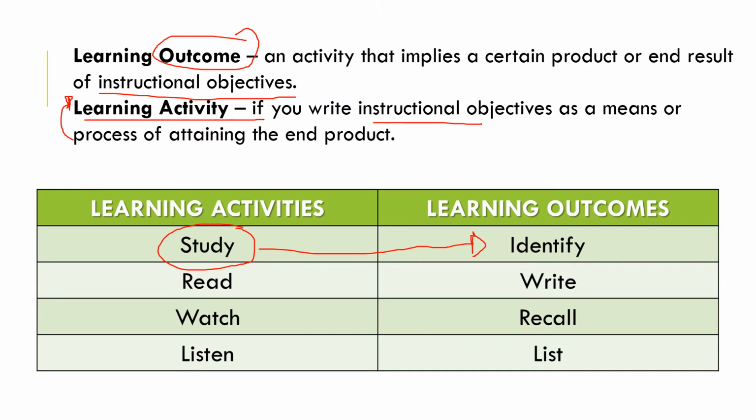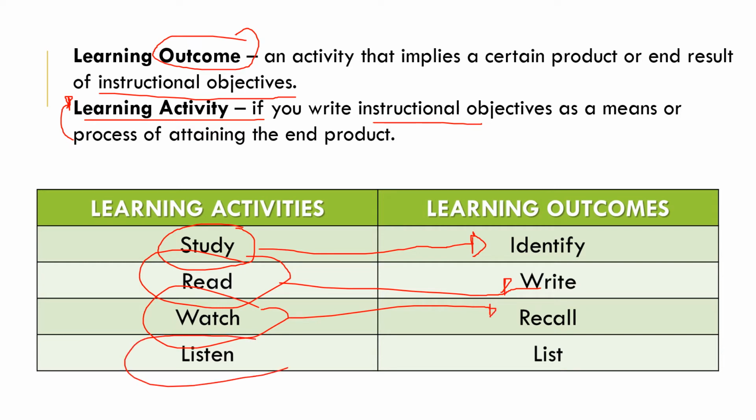You have to read for you to write. Okay. It's a learning activity. You have to watch for you to recall. No? And then you have to listen first before you can list something.